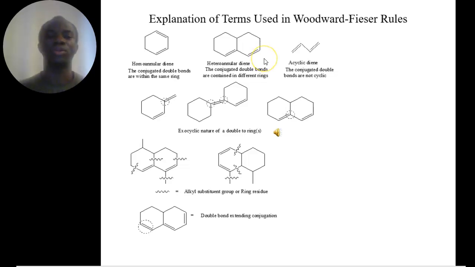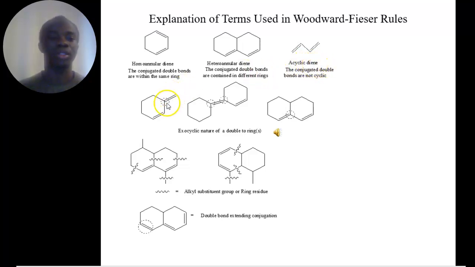You can also have a conjugated double bond, like I said in the previous video, in a linear system where no ring is involved, and that's an acyclic situation. So we have basically three forms of diene system: homoannular, where two double bonds are within the same ring; heteroannular, where two double bonds are in different rings; and acyclic diene in a linear compound.